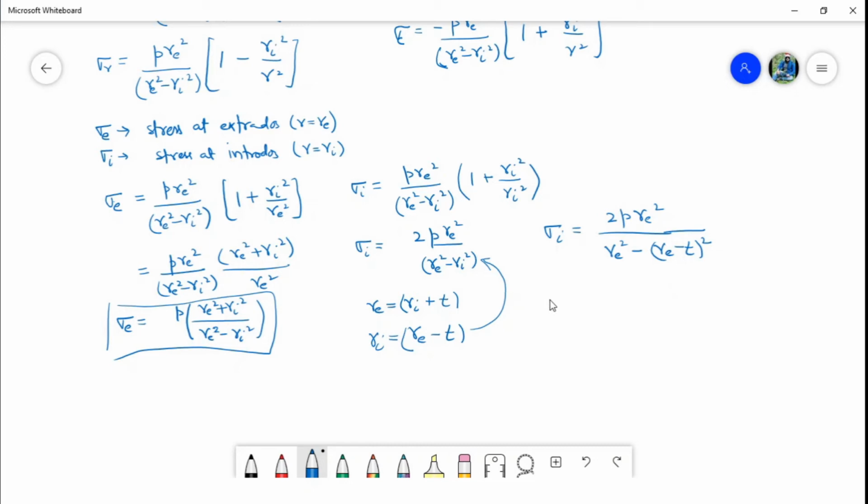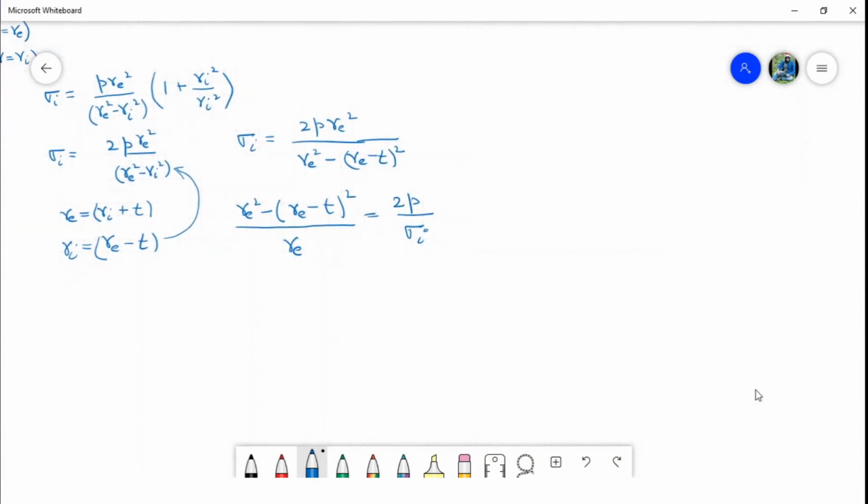So we can write it over here, Re square minus (Re minus T) whole square over Re square equals 2P over sigma I. Separating each term, we get 1 minus (1 minus T over Re) whole square minus 2P over sigma I equals 0.